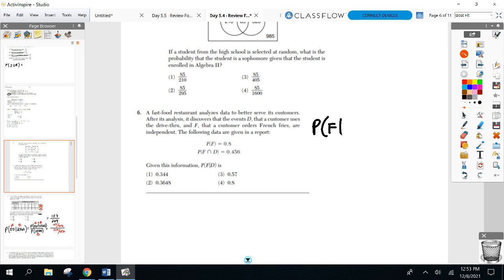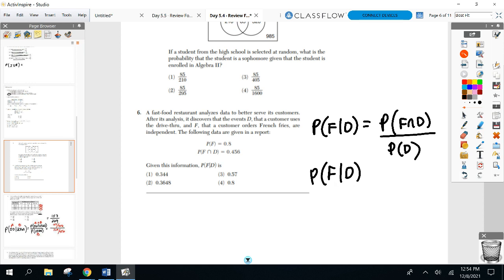F given D should be the same as, using my formula, F and D over D, right? We're going to run into a problem.